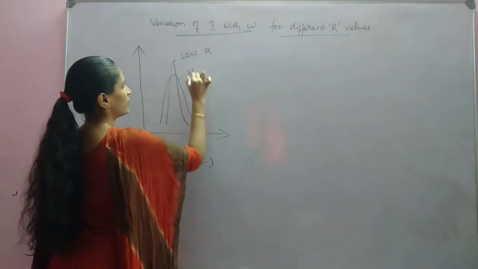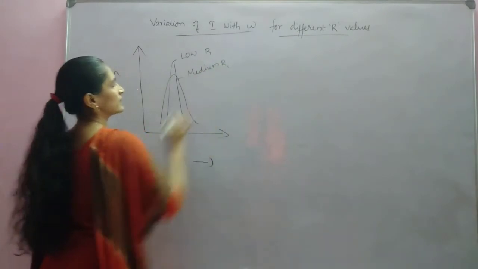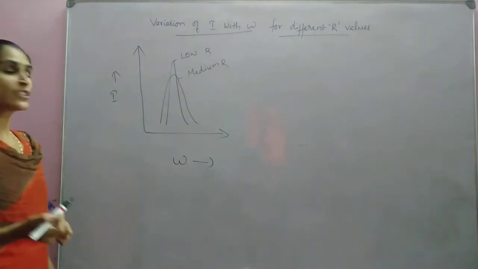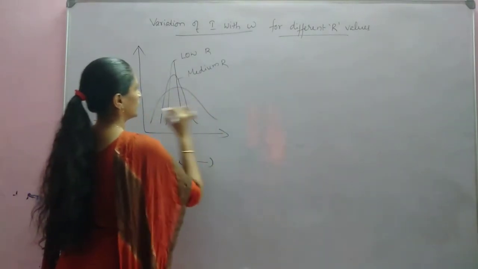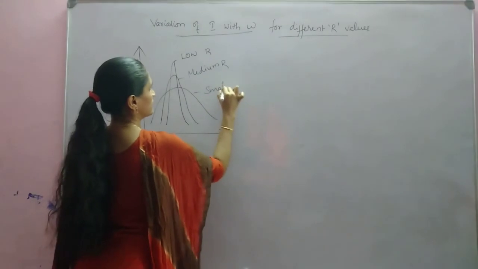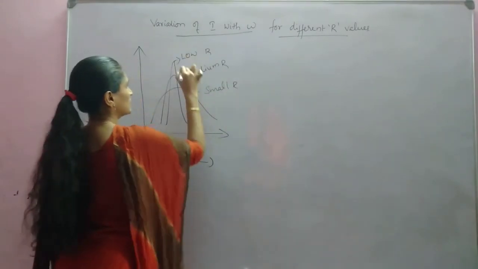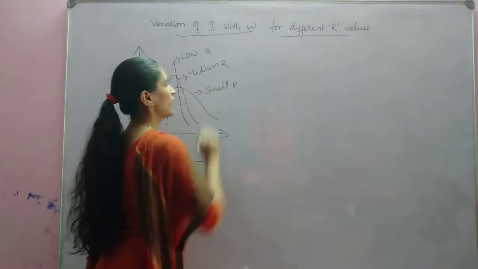This is a medium value of R. And if the resistance value is very high, it will be much wider. This is for a small value of R.